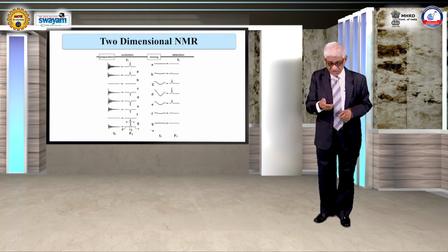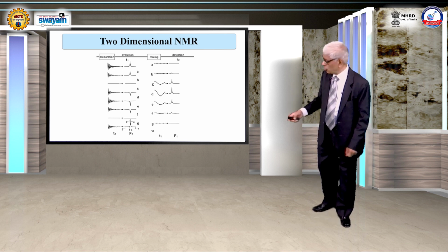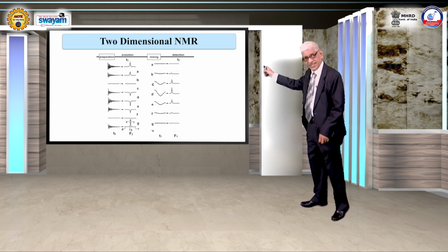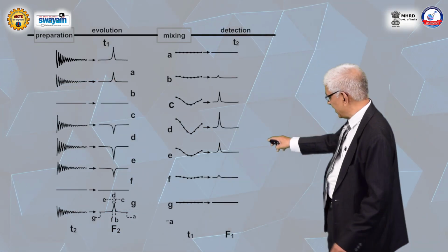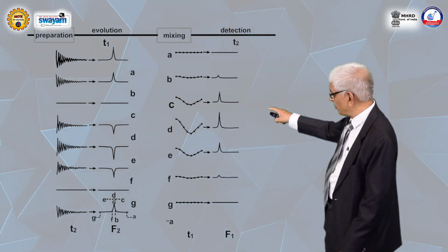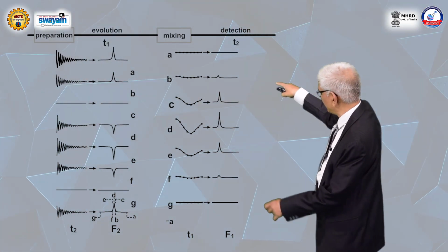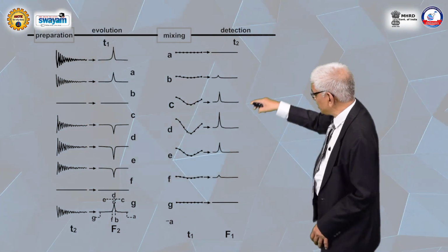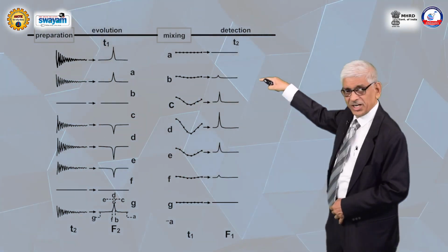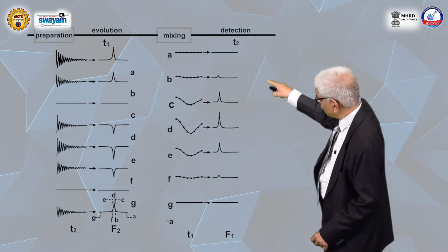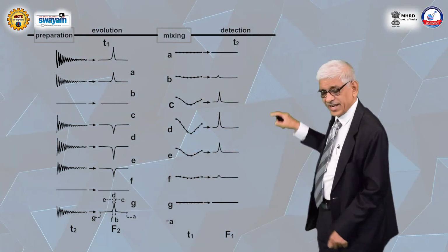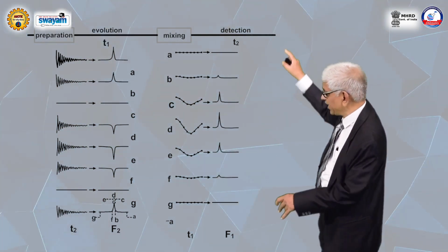How is it possible? You can see that here. If you go through these individual traces, each of them is first Fourier transformed, and you get one NMR spectrum, then the second NMR spectrum, third NMR spectrum, fourth NMR spectrum, things like that. Each FID is Fourier transformed to generate the individual spectra. Now, look at each spectrum from the point of view of the intensities. All of them have different intensities.